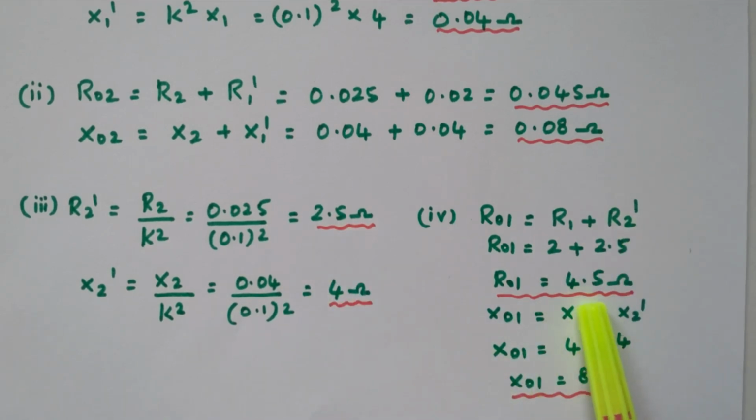So, it is 4.5 ohm. Similarly, X01 equal to X1 plus X2 dash. X1 is given 4 ohm, X2 dash we calculated, that also 4 ohm. So, totally it is 8 ohm. So, this is the total resistance and reactance referring to the primary winding.